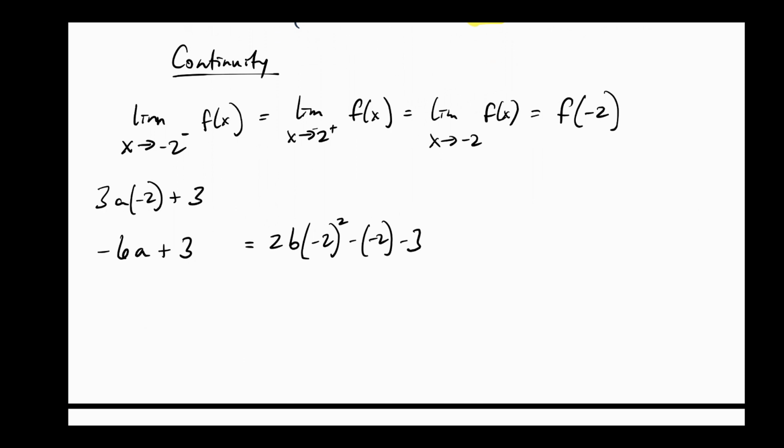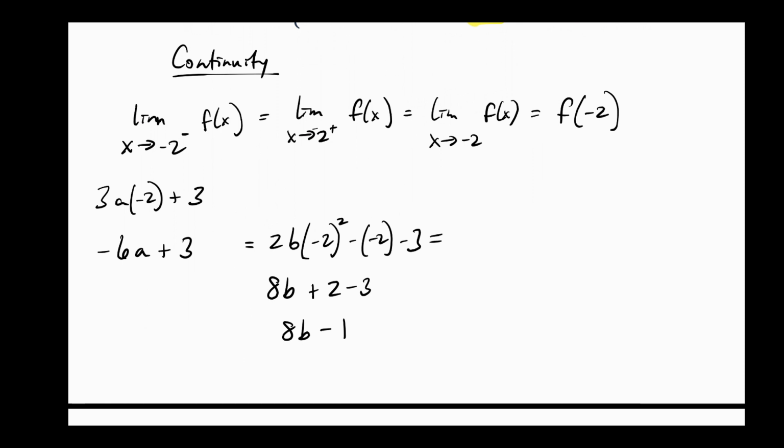So I get 8b plus 2 minus 3, which is the same thing as 8b minus 1. If you square -2, it makes a 4, and multiplied by the 2 in front it makes an 8, and then minus a negative makes it a plus 2. So I get 8b minus 1.